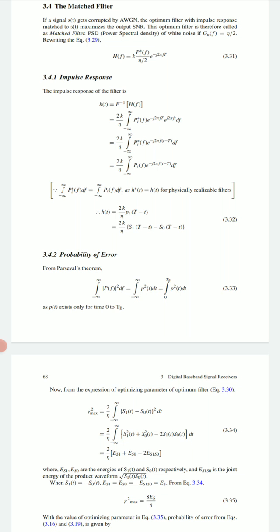If you solve, you will get h(t) equal to 2k upon eta, where eta is the noise parameter N naught, into s1(T minus t) minus s2(T minus t).